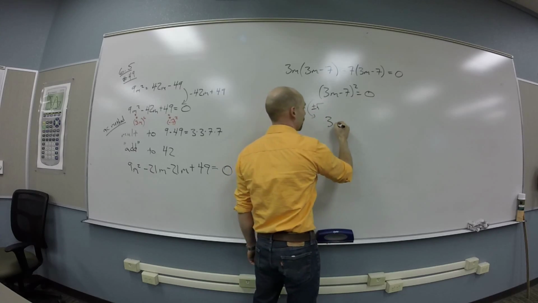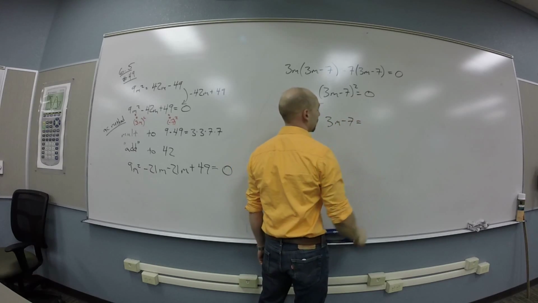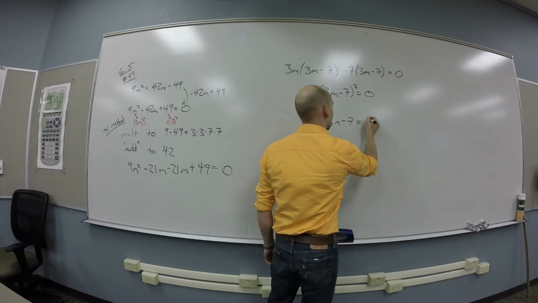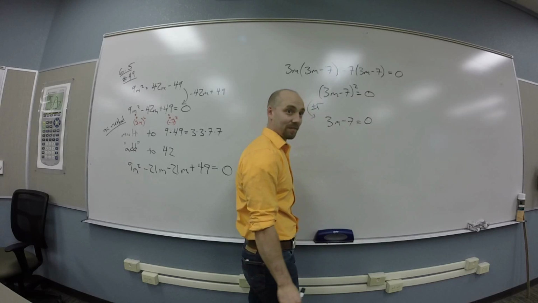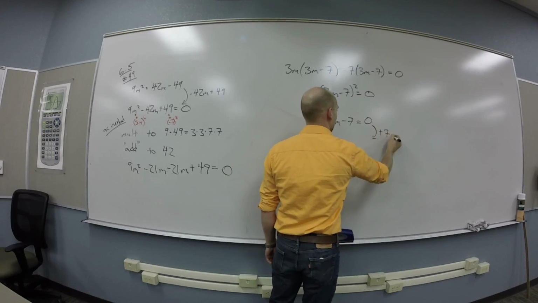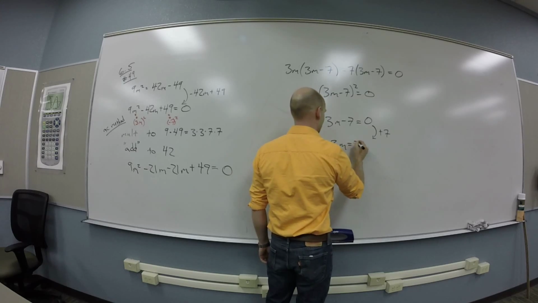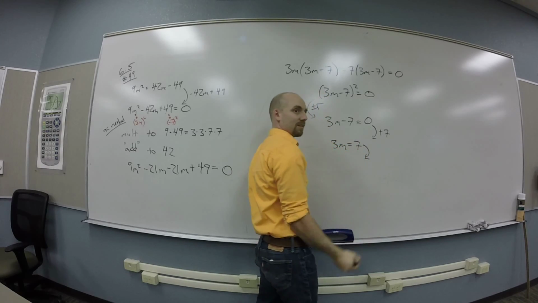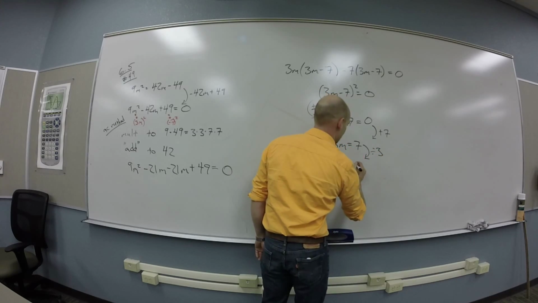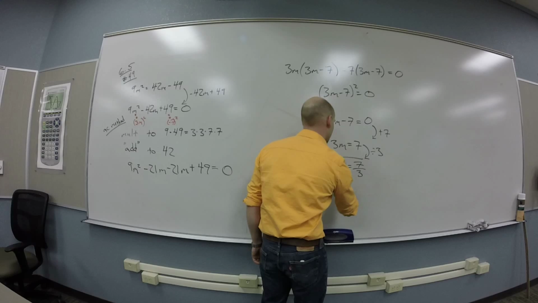So I get 3m minus 7 is plus or minus the square root of 0? 0. No need for the plus or minus even. Then I'll add 7. So I'll get 3m is 7. Then I'll divide by 3. So m is 7 over 3.